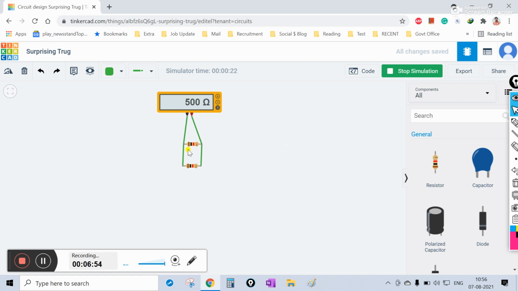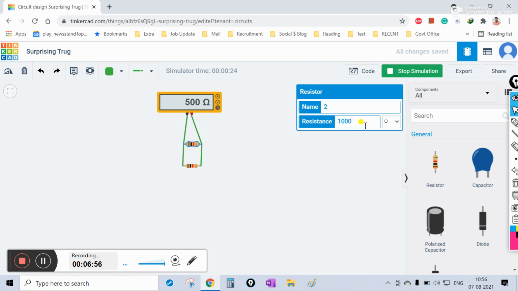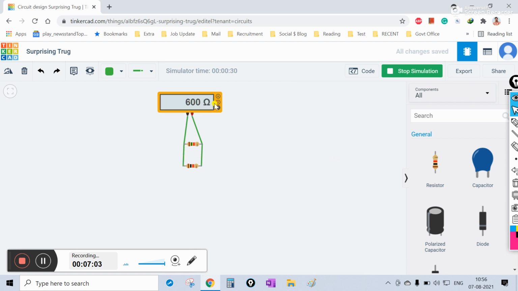So try by changing different values. Suppose I change this value to 1500. Now you can see that resistance has changed. You can check it theoretically also. 1000 multiplied by 1500 divided by 1000 plus 1500.